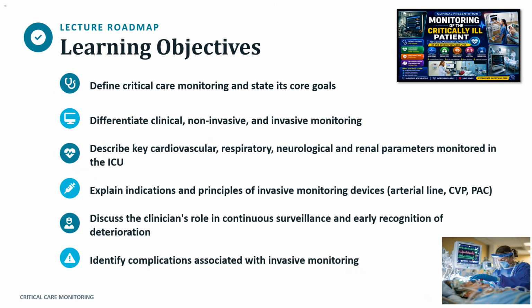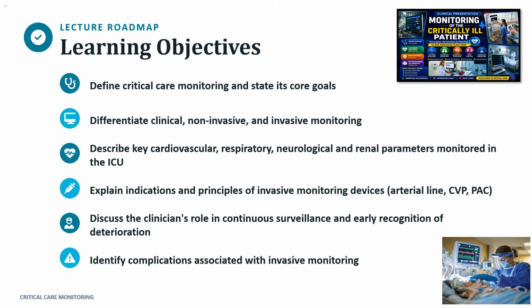Lecture roadmap. Learning objectives. 1. Define critical care monitoring and state its core goals. 2. Differentiate clinical, non-invasive, and invasive monitoring. 3. Describe key cardiovascular, respiratory, neurological and renal parameters monitored in the ICU. 4.